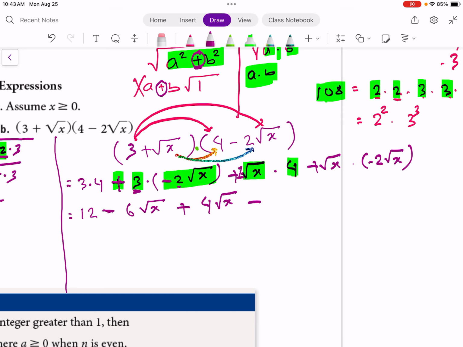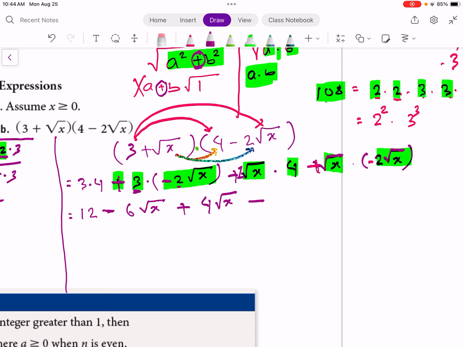Now the last expression. We have a radical expression here and a radical expression here. If you are multiplying radical expressions, what do we have to check? We have to make sure they have a common index. So positive times negative, that is negative. Now this is square root of x and this is square root of x.